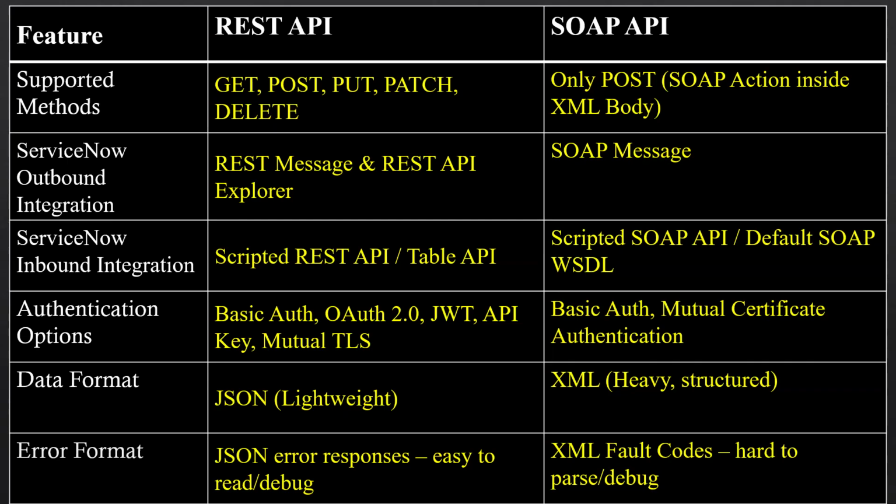In the case of a SOAP message, we must upload or reference a Web Service Description Language file, the WSDL. ServiceNow auto-generates operations from it. The WSDL describes the URL, methods, and data types.